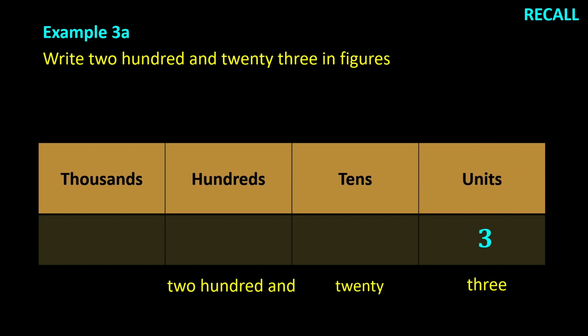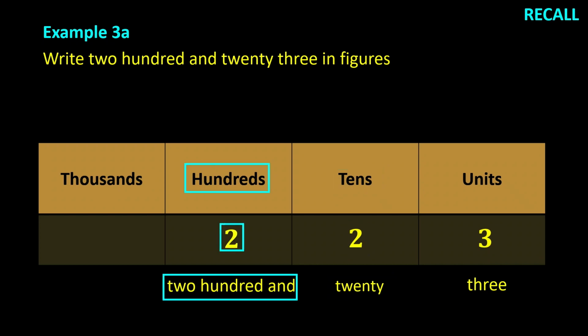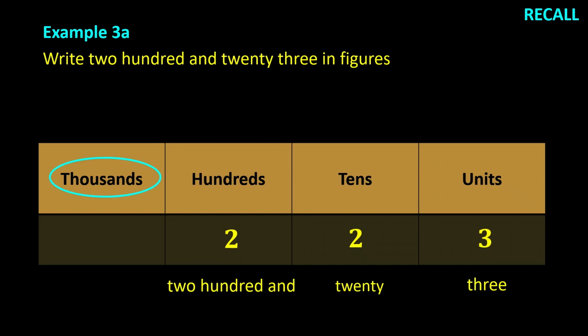So we can write 3 in the units column, 2 in the tens column, and 2 in the hundreds column. Since there are no more words to consider, we put nothing in the thousands column to give us 223 to represent 223 in figures.